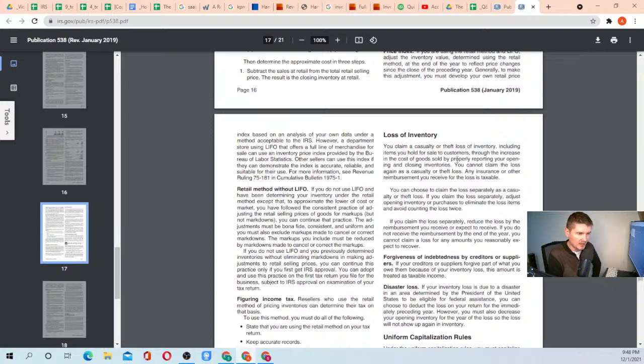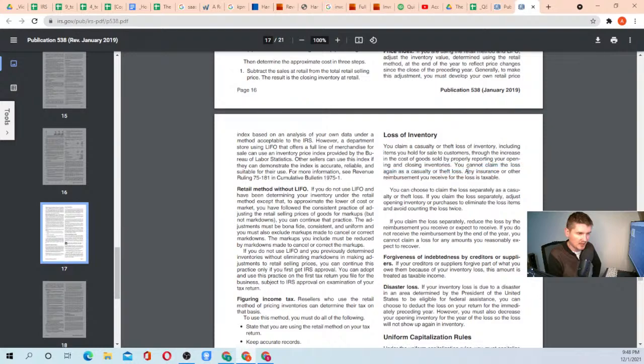For example, if something happened and your inventory was just destroyed in a fire, and you calculated damages and included your inventory in the damages, you are already claiming that loss via the casualty loss. You need to make sure that you do not include that loss in your cost of sales one more time. So you cannot claim your loss twice.